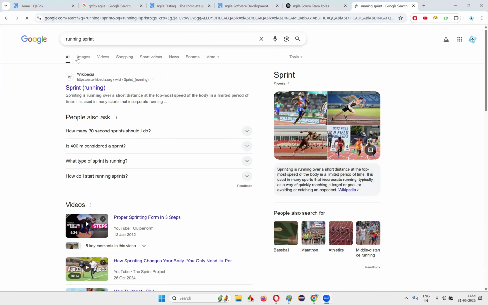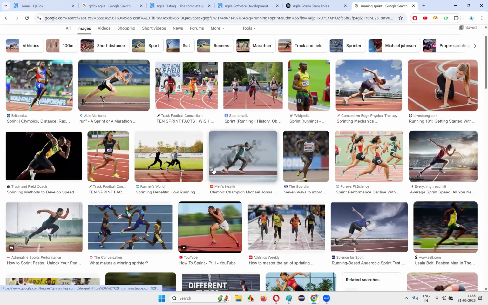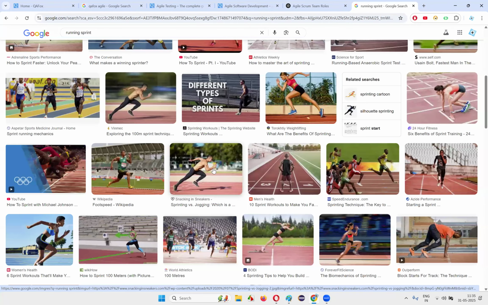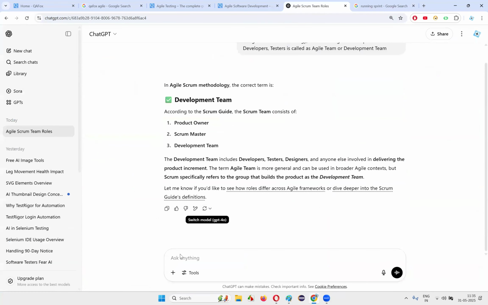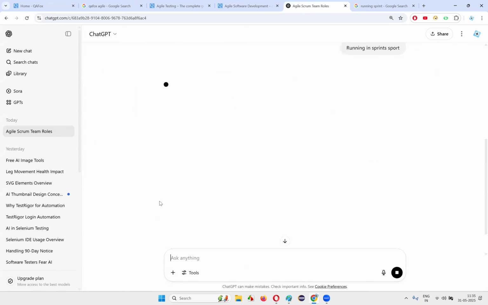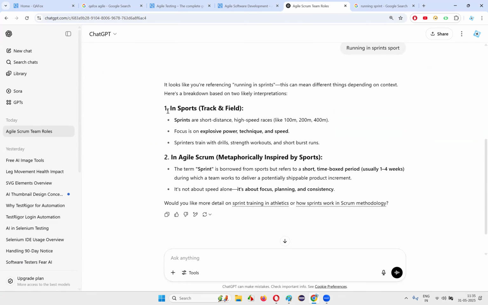Running in sprints. Let's ask ChatGPT, running in sprints in sports, and find out the details. In sports, track and field, sprints are short distance, high speed races like 100 meters, 200 meters, 400 meters.